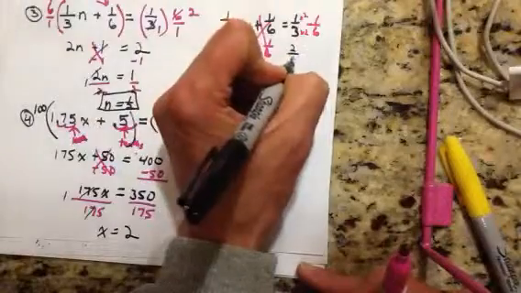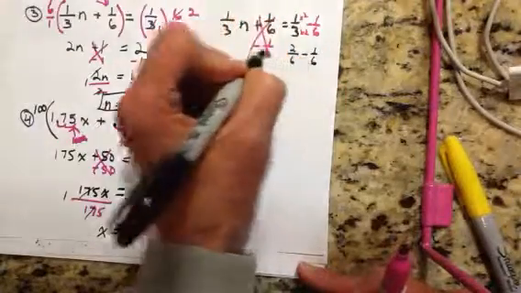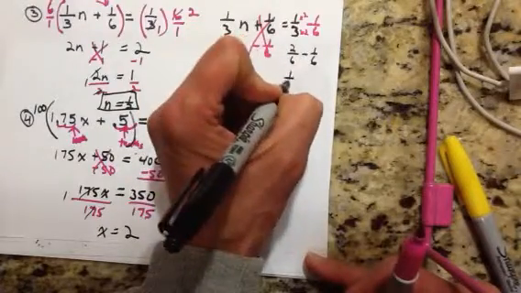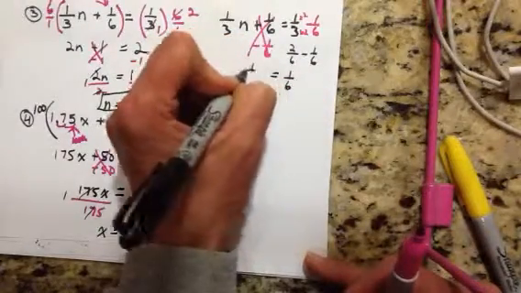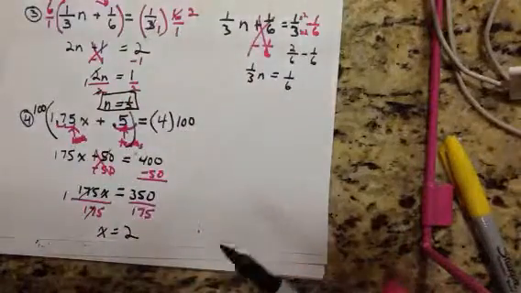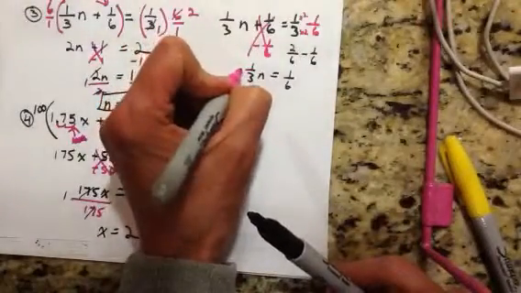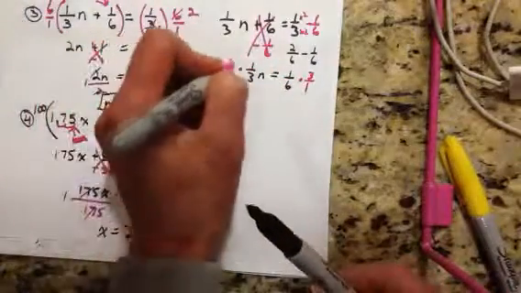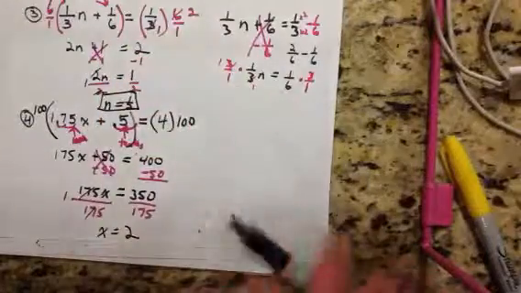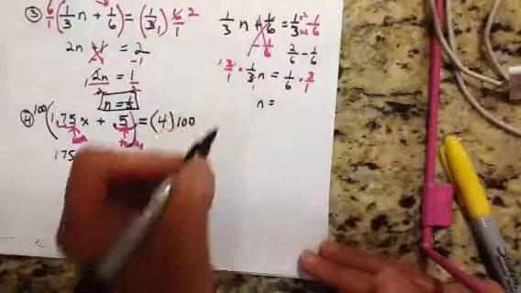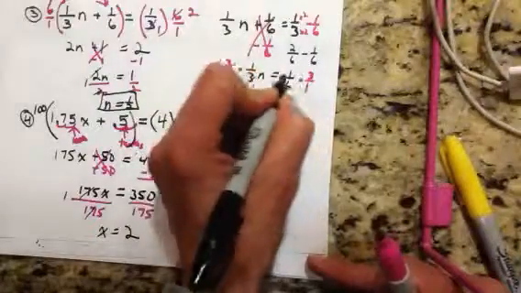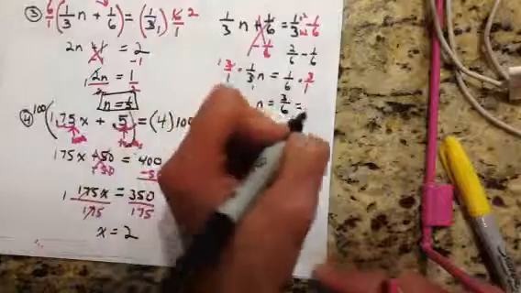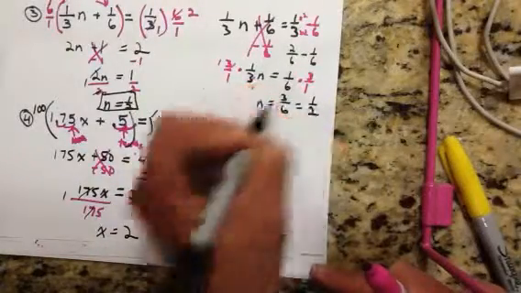I'd end up with 2/6 minus 1/6, and that ends up being 1/6 equals 1/3 n. Okay, so then to get n alone, I multiply by the reciprocal. Same thing here. These cross cancel, they become 1. N is left alone. That would be 3 times 1 is 3, 6 times 1 is 6, and of course that reduces down to 1/2.